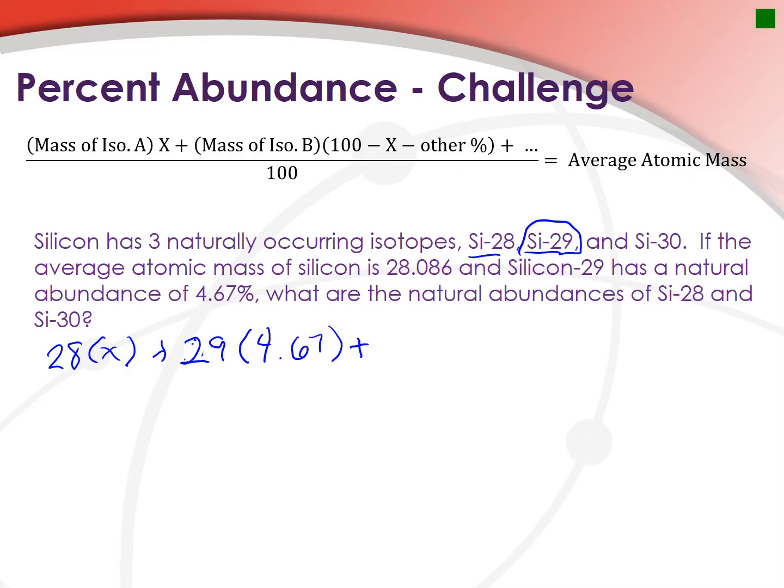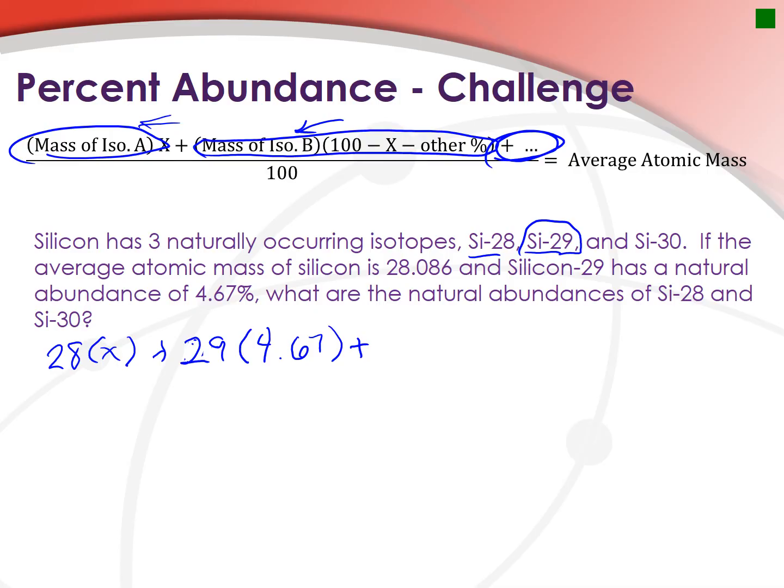Now I'm going to keep going. So plus the mass of isotope B times the unknown. So these 2 guys up here are the unknowns, and then this addition plus dot dot dot will be always your knowns. I'm just kind of going in a different order because I'm going by mass as opposed to the general formula order.